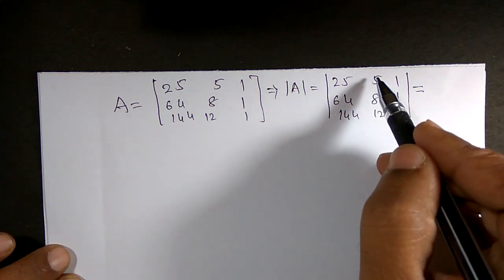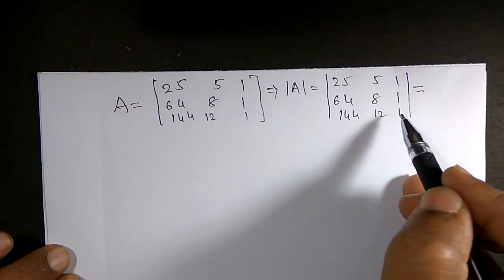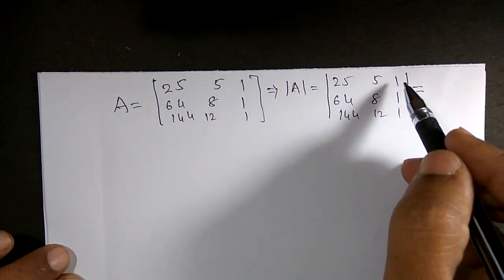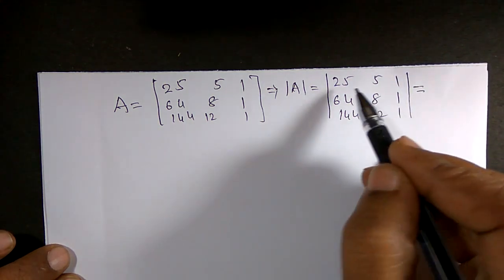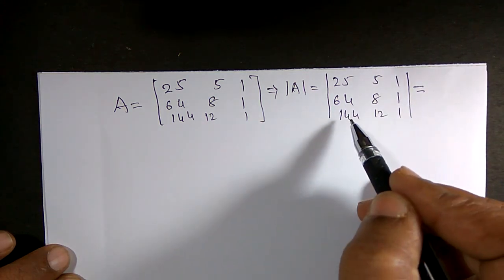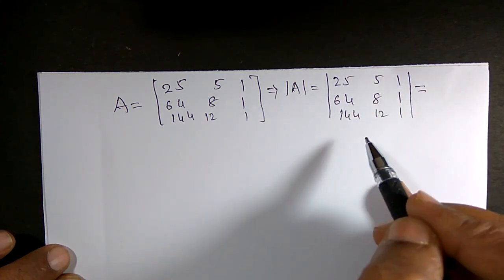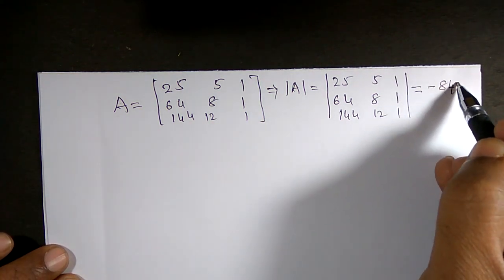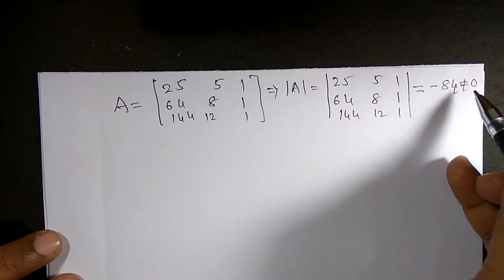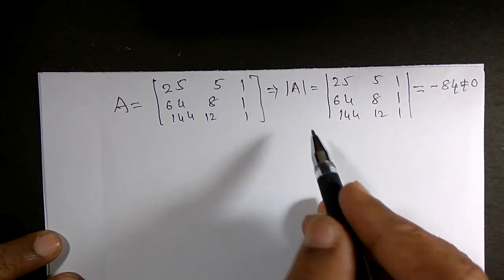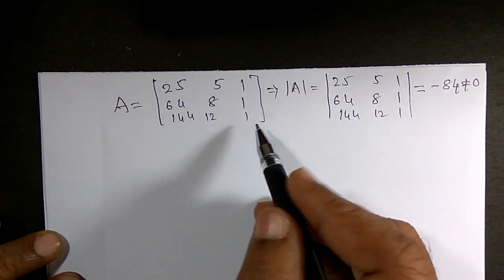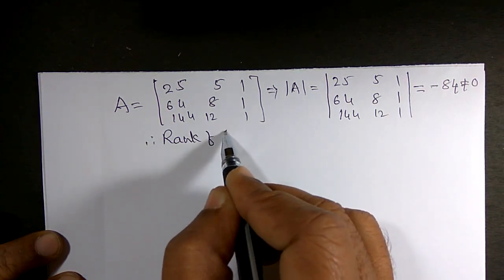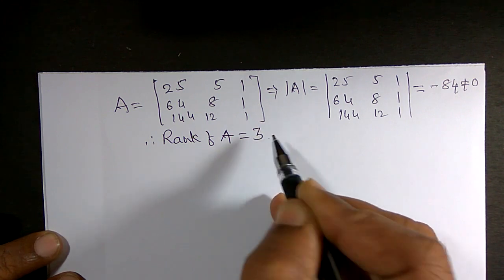So minus 5 into, leaving the middle column, first row, 64 into 1 minus 144 into 1. Finally, plus 1 into, leaving the column and row, 64 into 12 minus 144 into 8. After simplification, I obtain minus 84, which is not equal to 0. So therefore, I have obtained a largest minor of the given matrix. So therefore, rank of A is equal to 3.